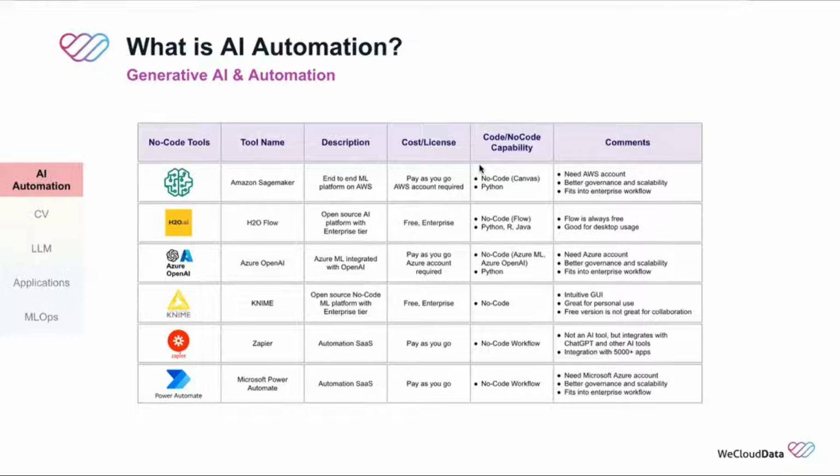But you can use that to build other workflows. Using Zapier, for example, it has integration with thousands of SaaS tools. If you would like to automate reading and replying to emails based on certain criteria, you can do that using Zapier and ChatGPT or OpenAI models, right?